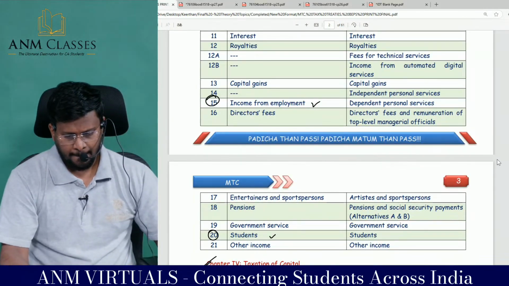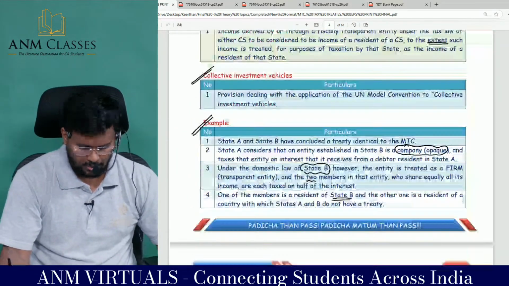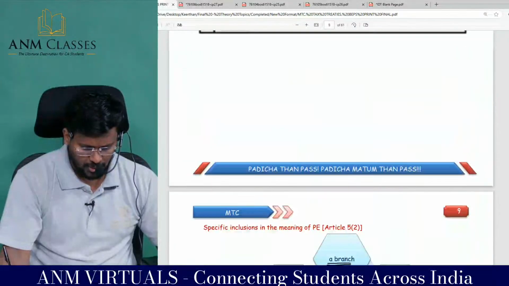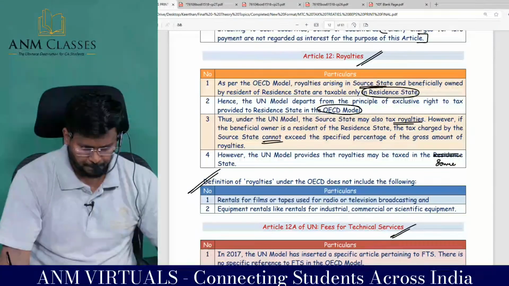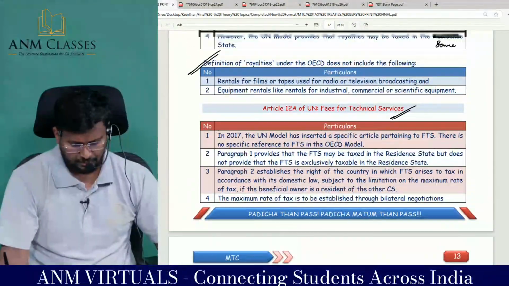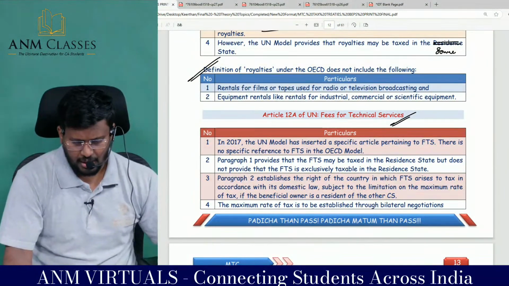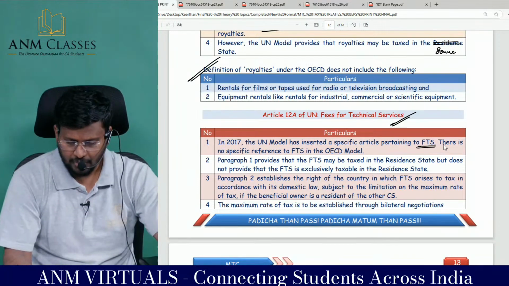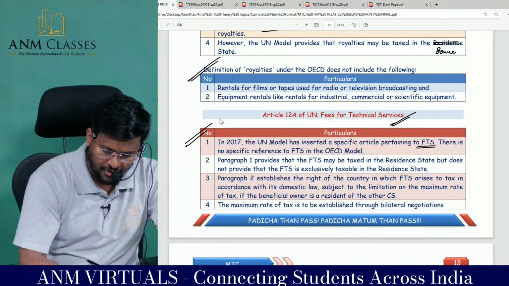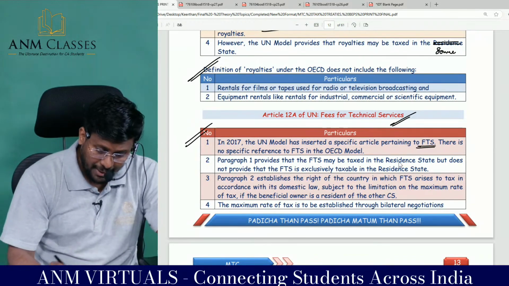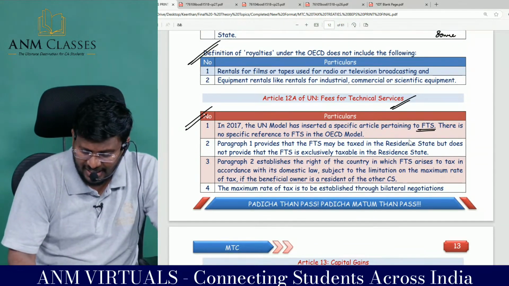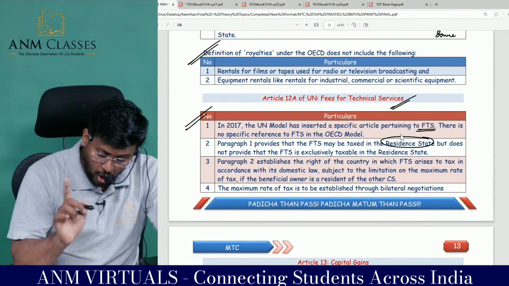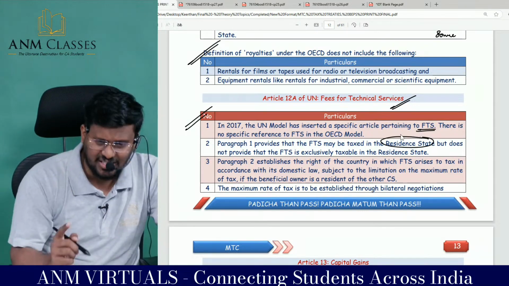FTS. So here, about 12A: in 2017, the UN model inserted a specific article pertaining to FTS. There is no specific reference to FTS in the OECD model. Paragraph 1 provides that FTS may be taxed in the resident state, but does not provide that FTS is exclusively taxed in the resident state.